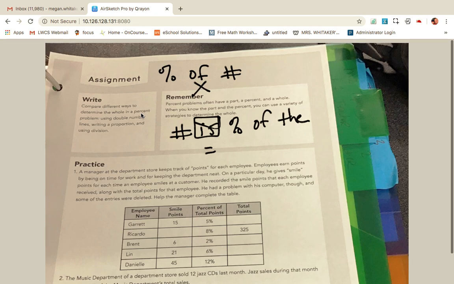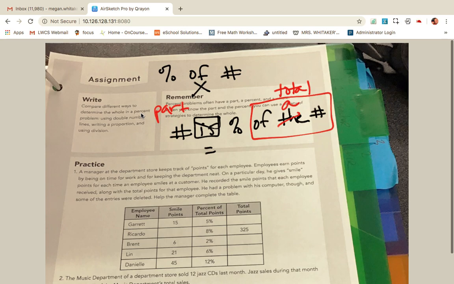Usually, "of a number" is generally going to be your total, and the number that's in front of the word "is" is the part.